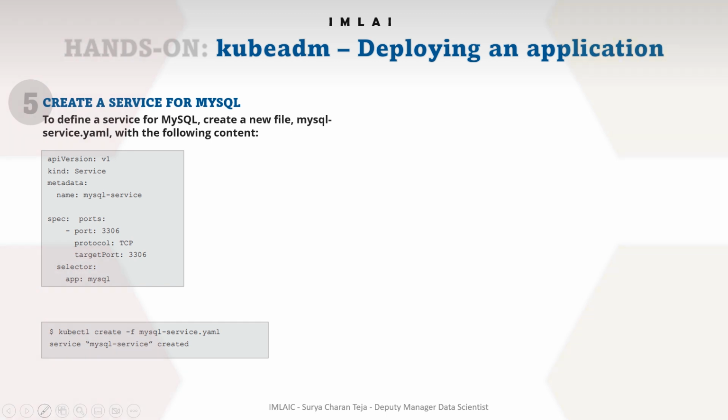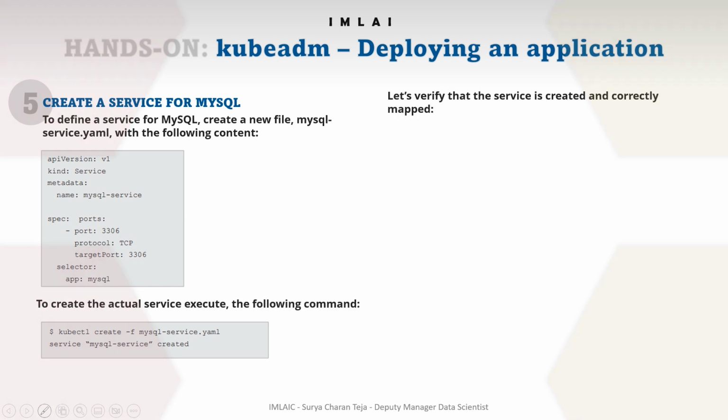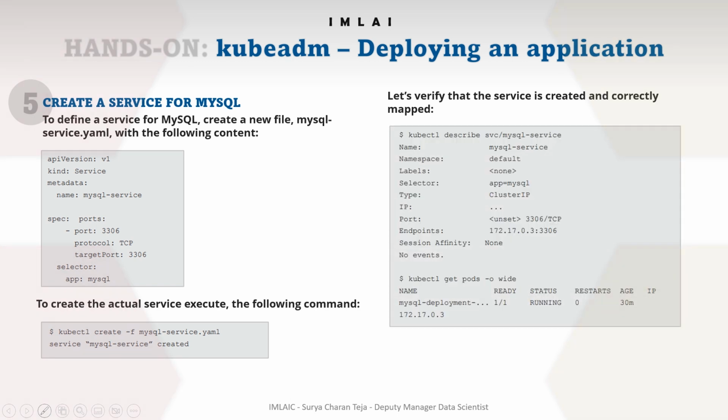This service is connected with the MySQL app deployment object. After the creation of the actual service, we will verify that the service is created and mapped correctly or not. You can see that with kubectl get pods, we have only one pod, MySQL, but you can also see the endpoint, which means the service has been correctly mapped.